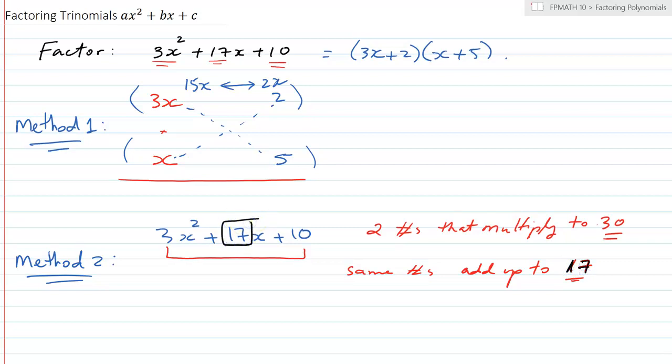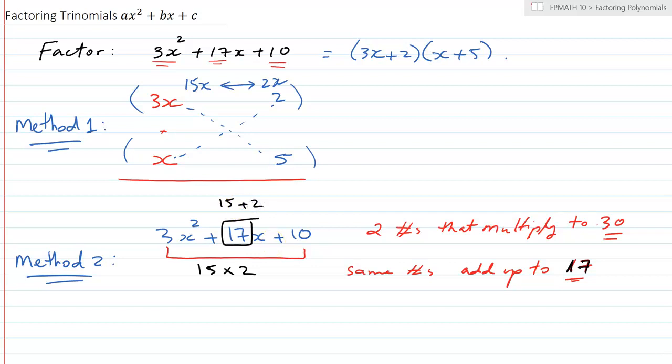Once you come up with these two numbers, then you have to do the next step. So what are the two numbers? 30 and 17. So it's very straightforward. It seems that 15 and 2 works for both, because 15 times 2 is 30, and 15 plus 2 is 17. So here it is.